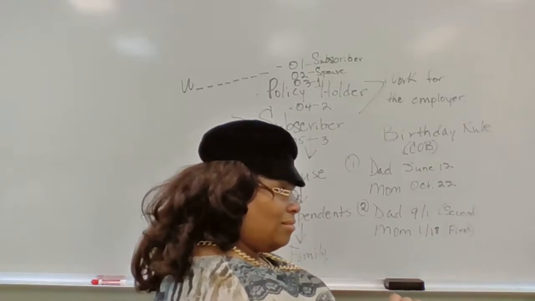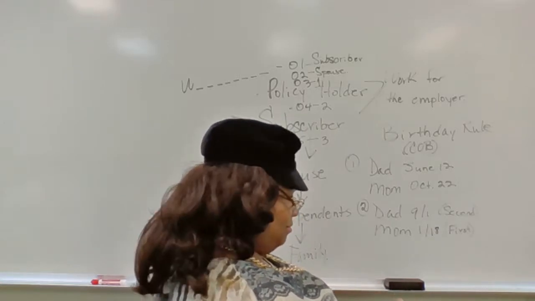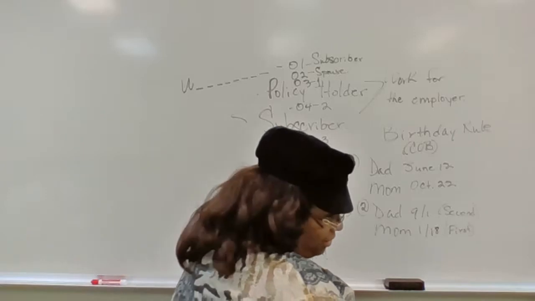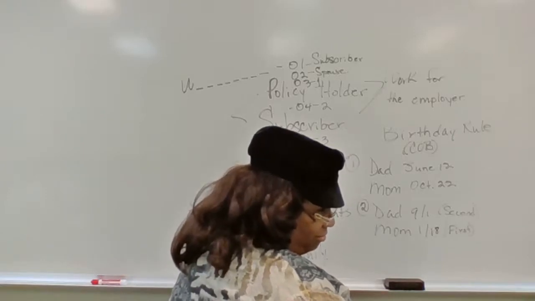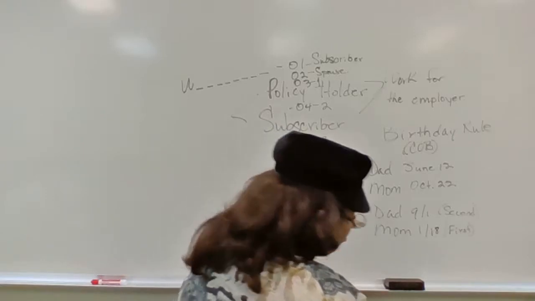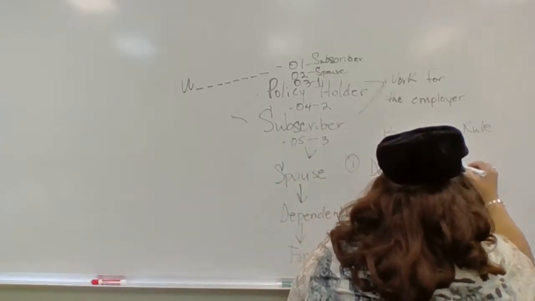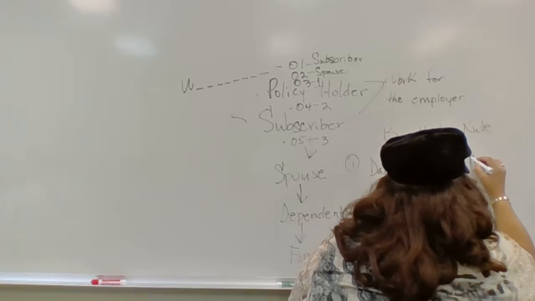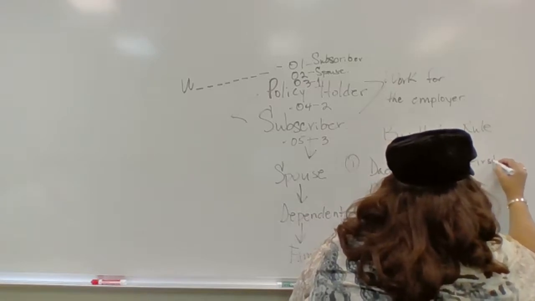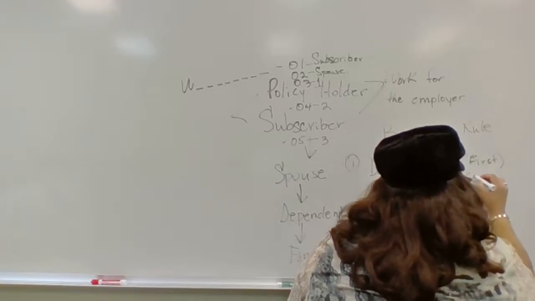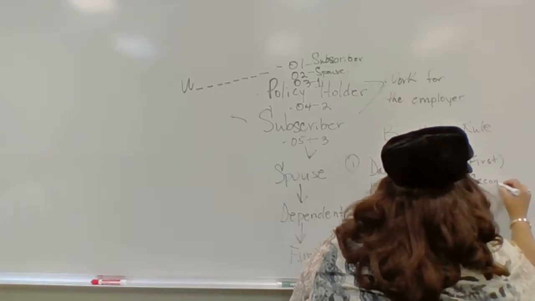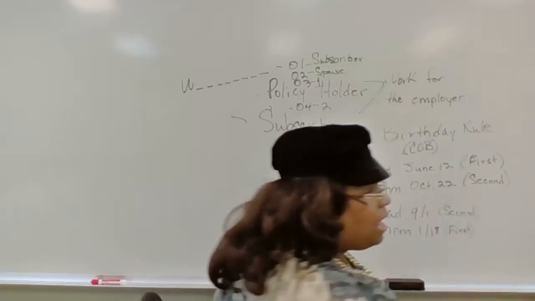Dad's birthday comes first. Okay, so Dad is going to come first. You're absolutely right. Mom is going to come second. Does everybody understand how they work?